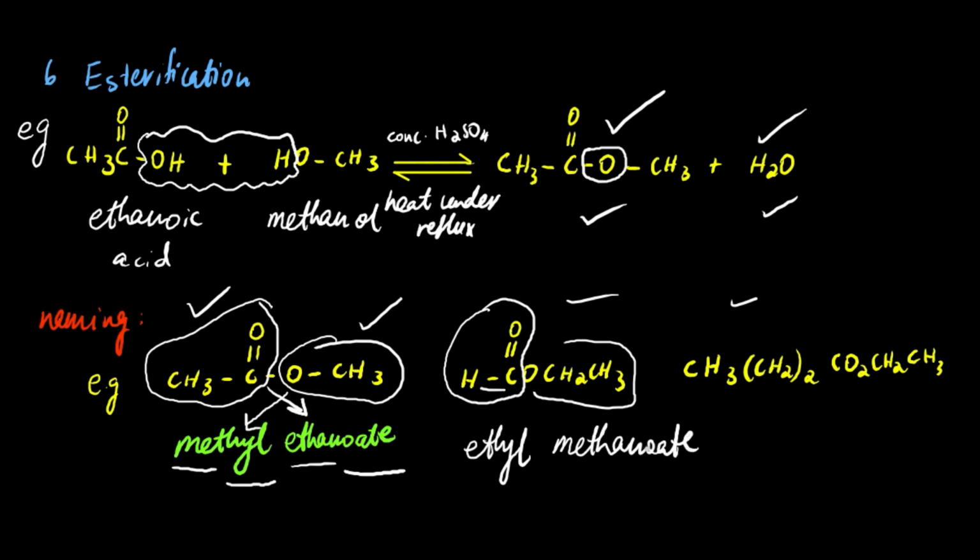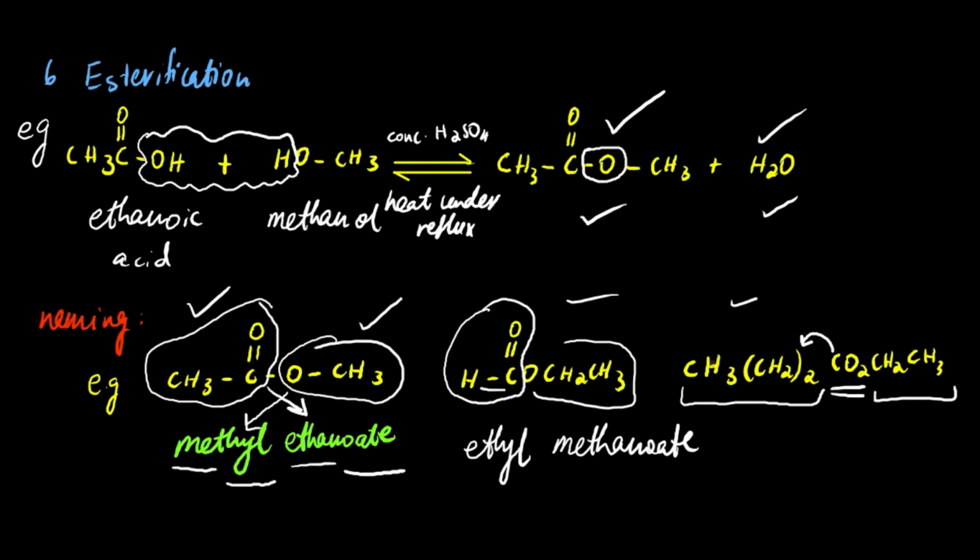Now moving on to the third example. Over here I have not set it in a structural formula way, rather I've just written it in a straight chain. So this is the ester linkage. The carbon is connected to these hydrocarbon chains. So this is the acid part and this is the alcohol part.